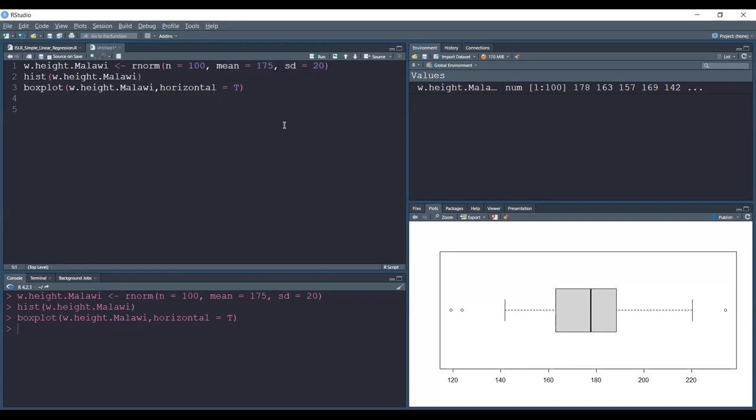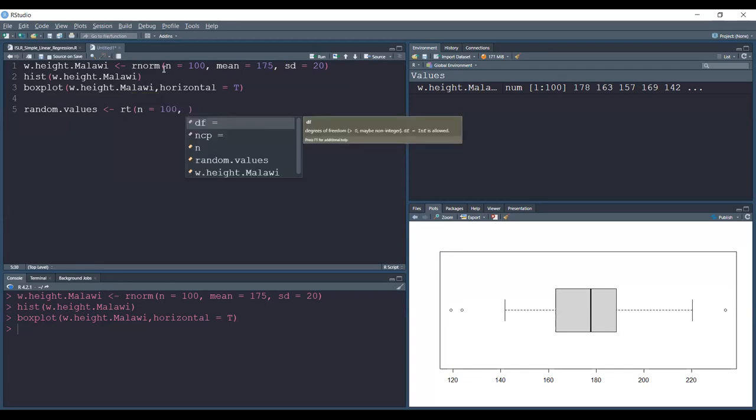So if you had to generate random values, instead of rnorm, you do rt, that's not what I want. How many values would you like to generate? Let's generate 100. And then it just asks you for the degrees of freedom.